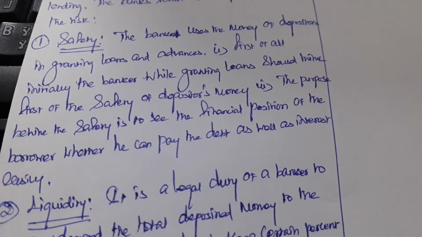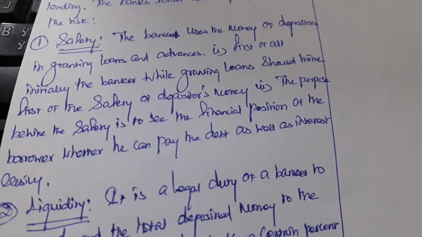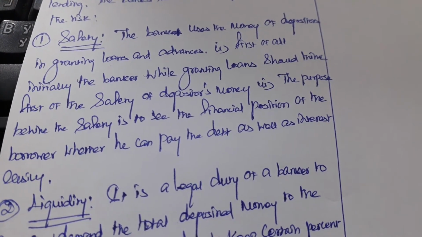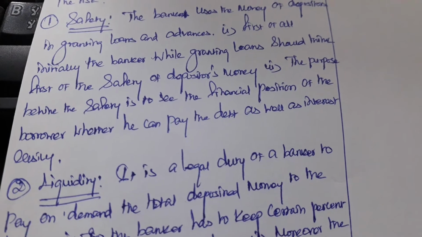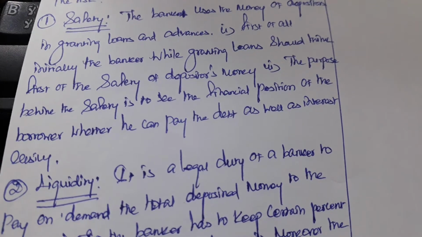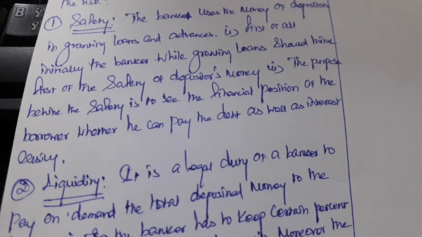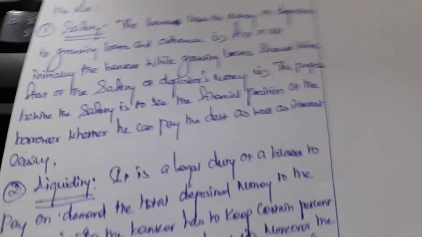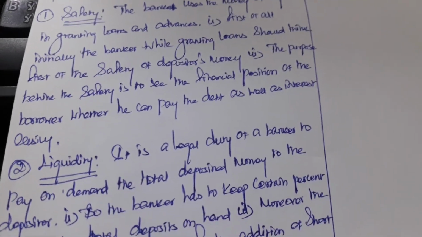The banker should research the financial position of the borrower, whether he is able to pay the debt along with the interest easily. Only then can they grant the loans or advances to the borrower.